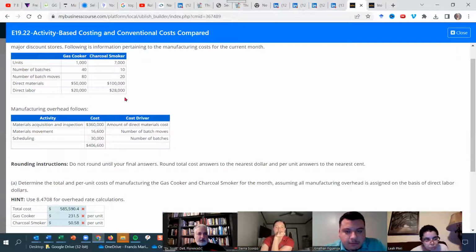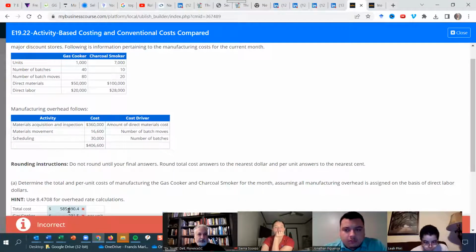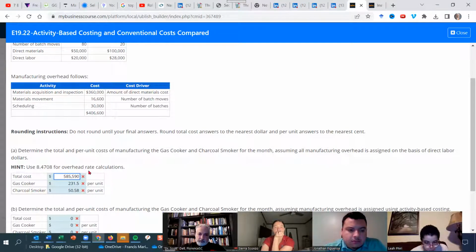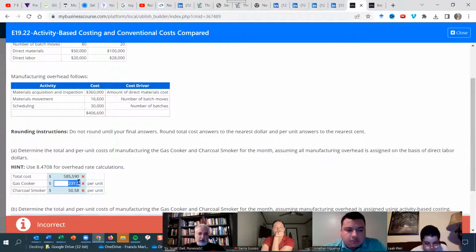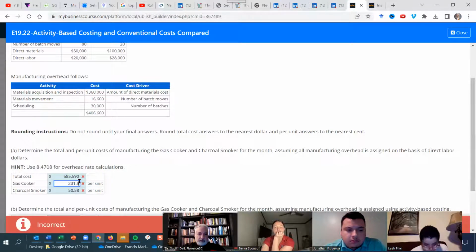So round to the nearest dollar, so that would make it 232 and 51, right? Let's do that with the dollar. And 232. Actually, let's see. Yep, that's 50 even. That'd be 51.